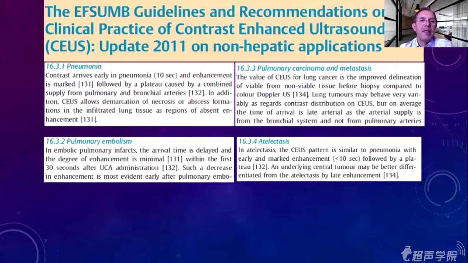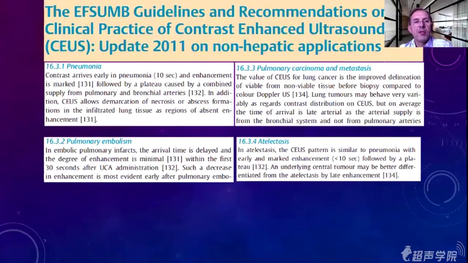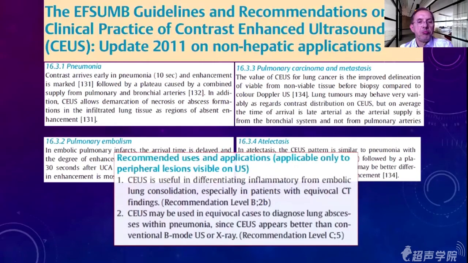So here are the guidelines of the European Society of Ultrasound from 2011, which are more extensive, regarding the use of the contrast agent in some lesions, and you may read these guidelines, but also the newer guidelines published years ago.